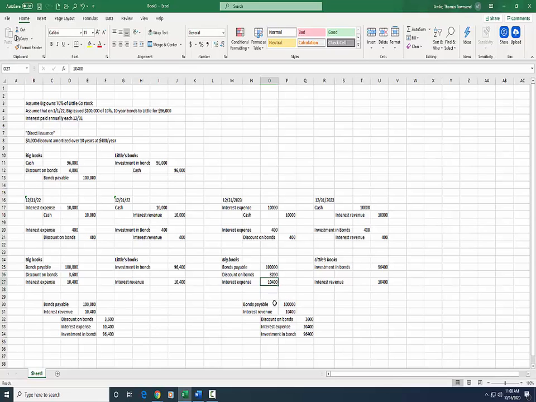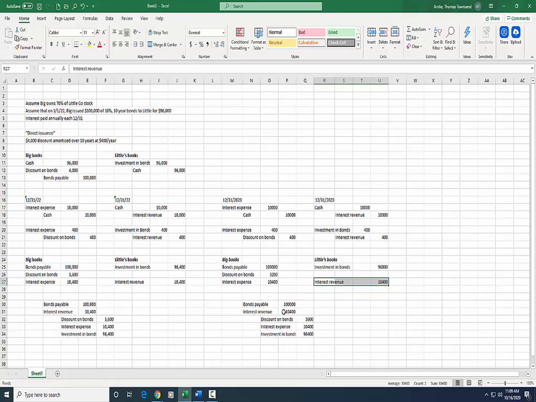Interest expense is still $10,400. Likewise, over on Little's books, their investment in bonds started at $96,000, and we're adding $400 to that every period through this amortization. So at the end of the second year, the investment in bonds is up to $96,800, and the interest revenue is still $10,400.